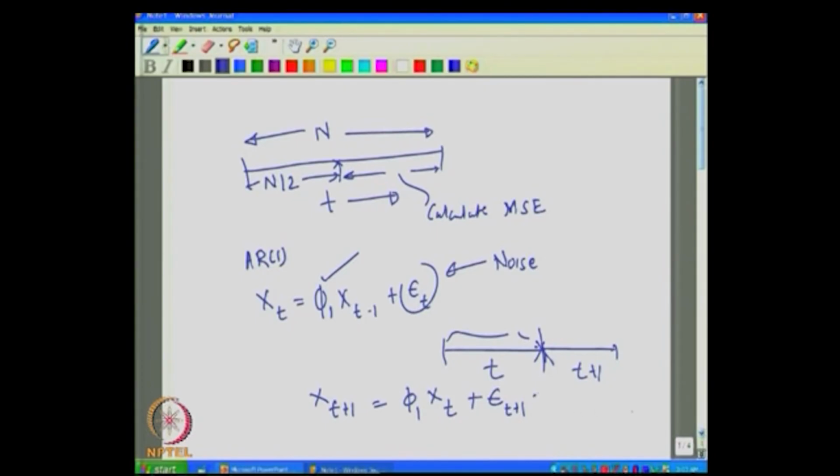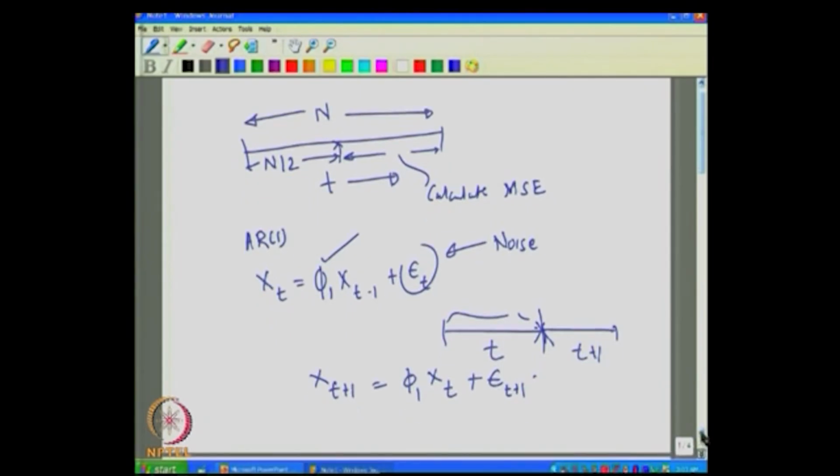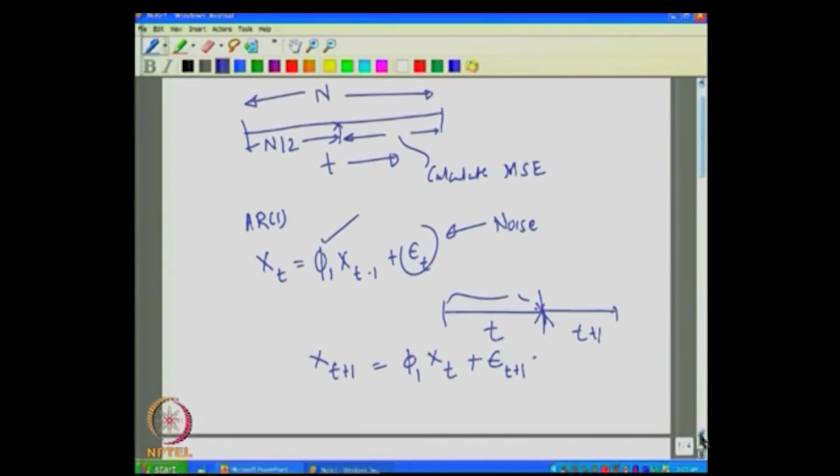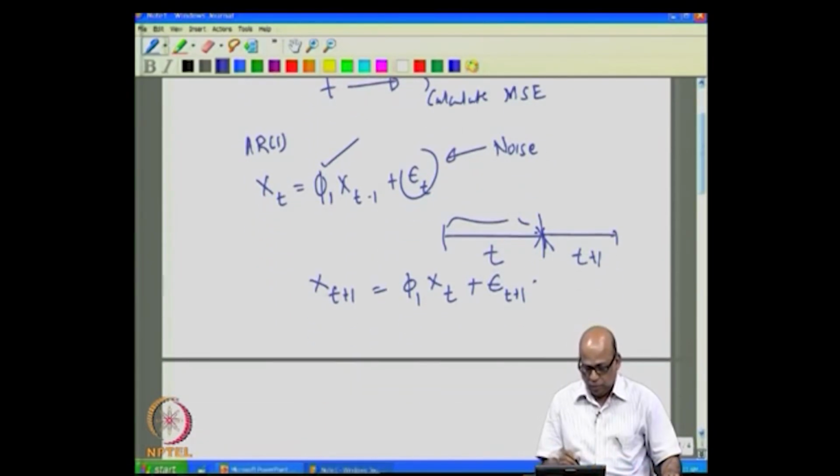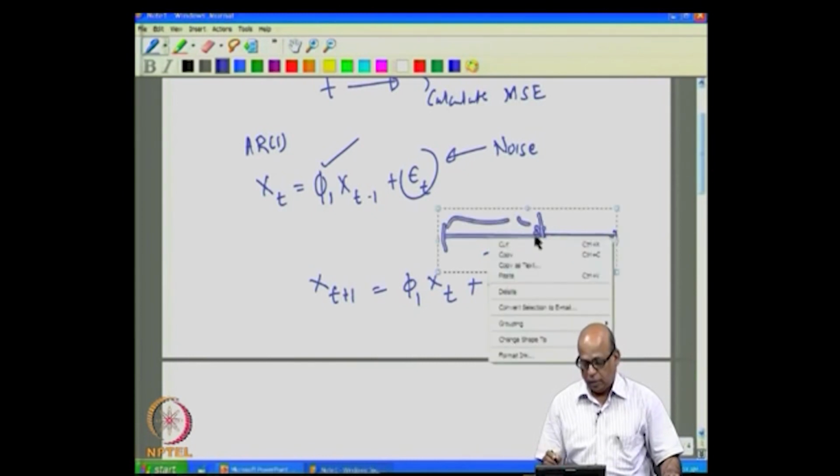Then for forecasting, whenever we say we want to forecast using this particular model, what is it that we are doing? We want to get the expected value of x t plus 1 given the entire history up to time period t. That is the problem. So, we want to see what is the expected value of the flow for time period t plus 1 given the values until x t.